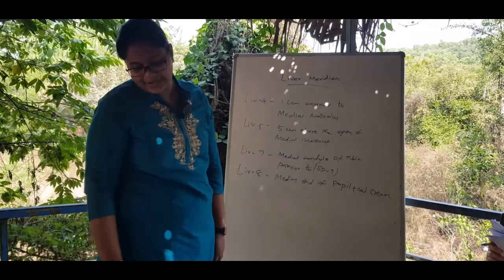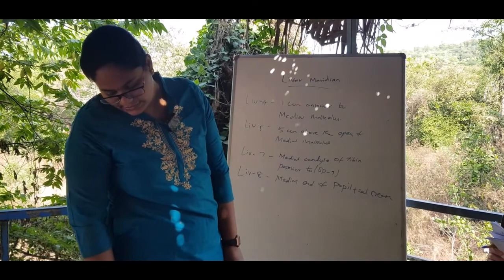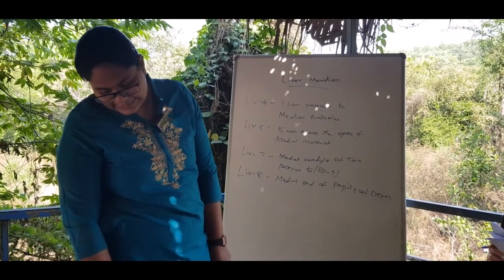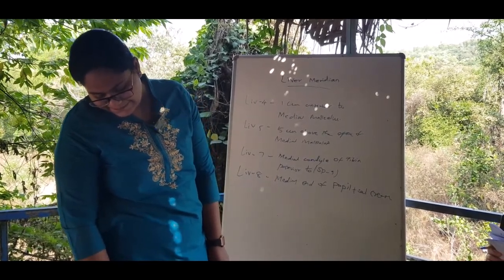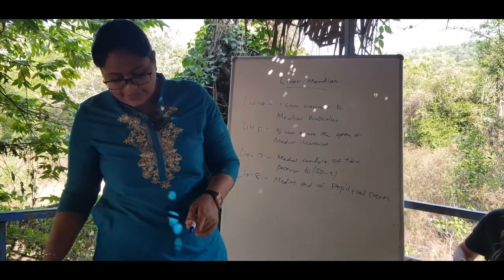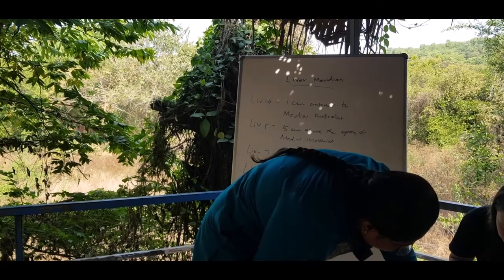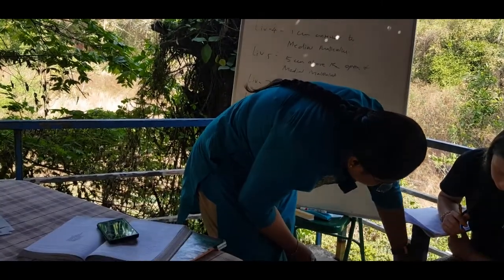Liver 9. Liver 9 is located just a fingerbreadth above the medial condyle of the femur, on the medial aspect. For liver 9 I will give better points. This is the medial condyle of your femur bone.